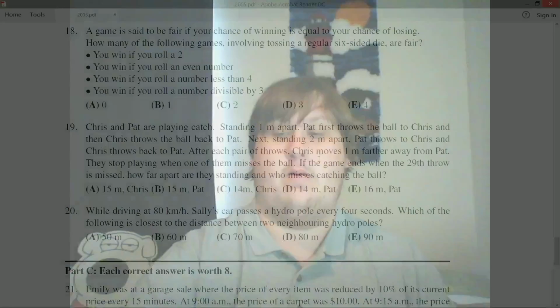So we're going to have to make an observation of that and then say, okay, 29th throw, how far apart should they be? That's what we've got to work on next. So let's get our pen ready and our notepad, and we'll jump right into this, shall we?